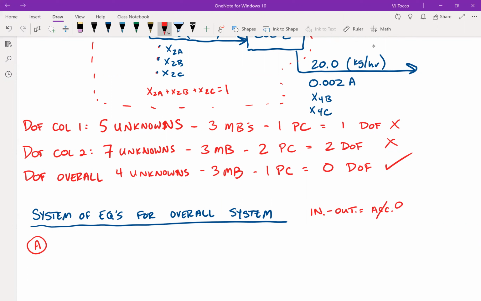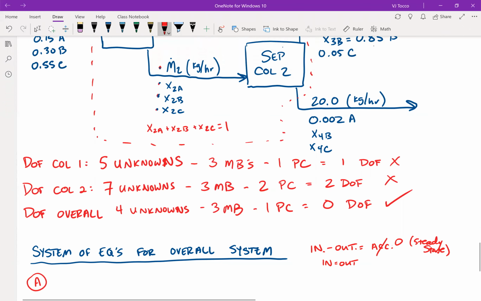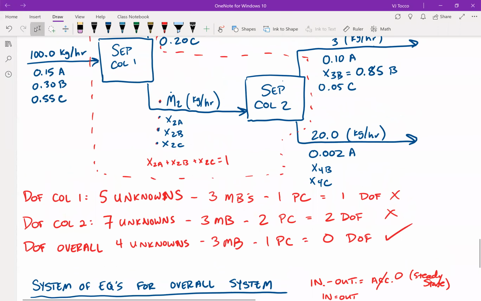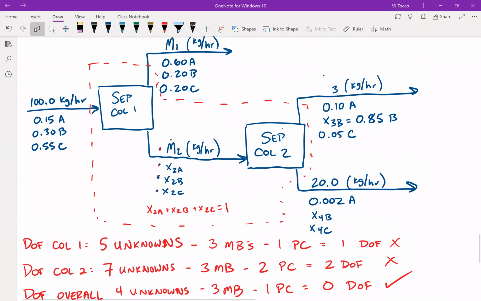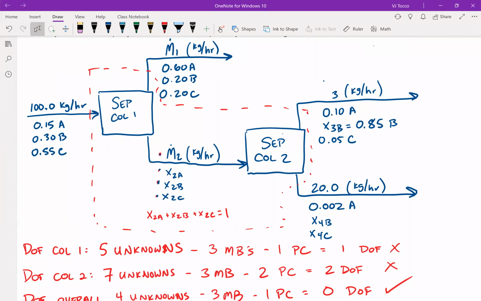And accumulation is 0 because I have steady state. So all these material balances are going to be of the form in is equal to out. Remember all these good memories of solving these problems. We're going to do this a lot this semester. So go ahead and brush up if you don't think this is familiar.